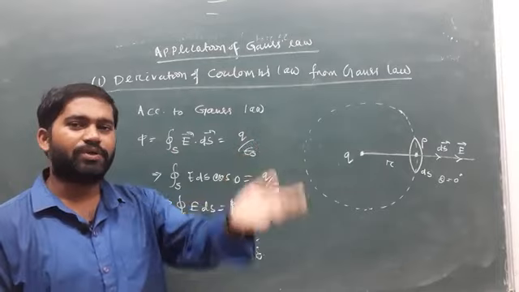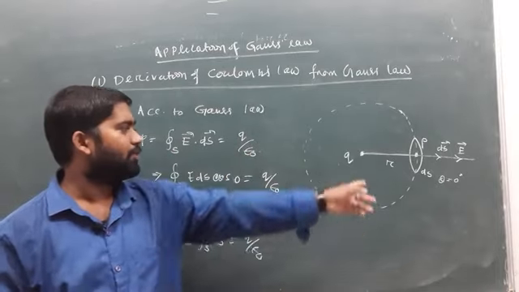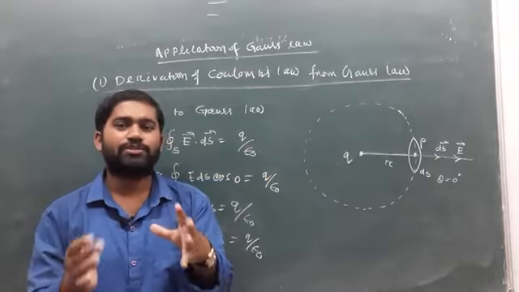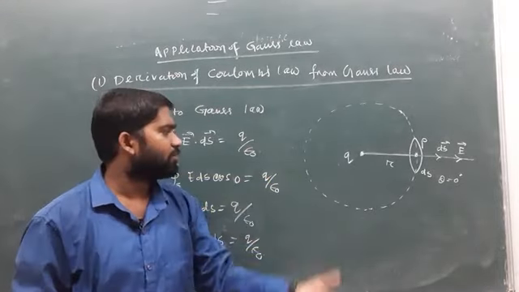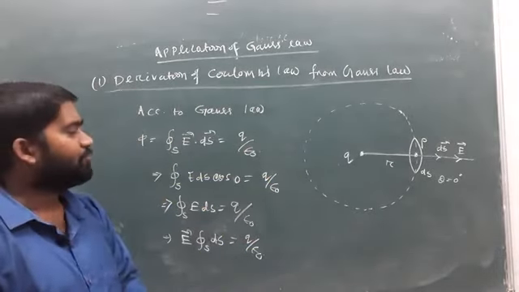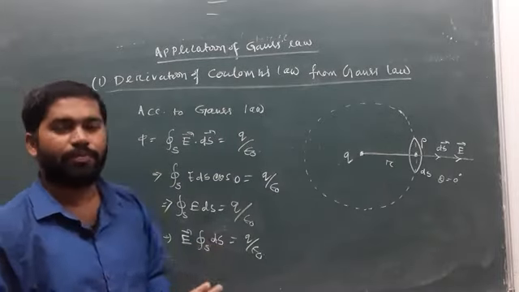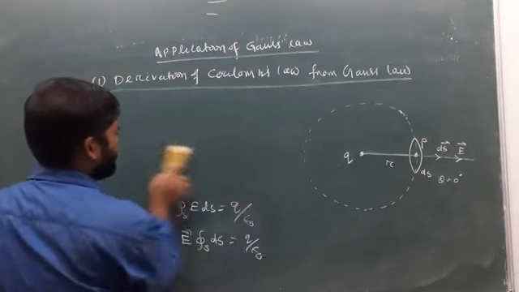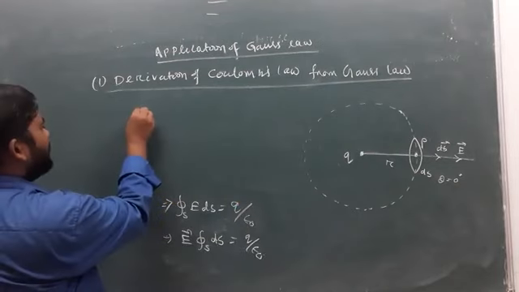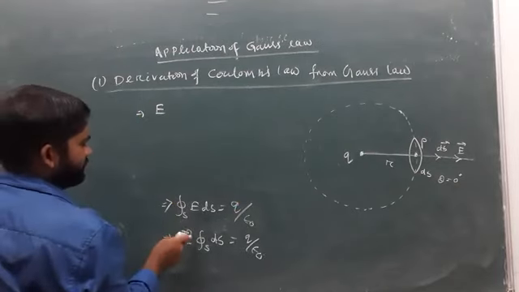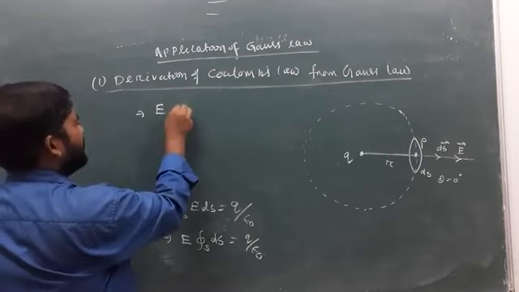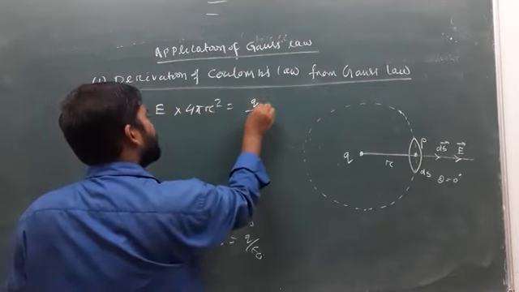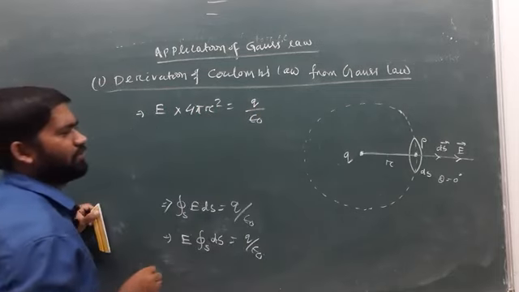Here ds is the surface area, and a sphere of radius r has a surface area of 4 pi r square. So we can substitute the value: E, not in vector form, into 4 pi r square equals q by epsilon 0.